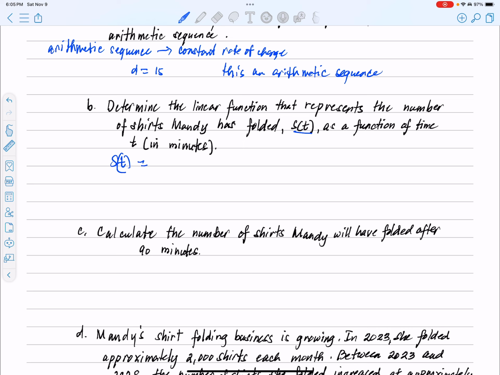We call this the slope-intercept form. We could create that as the slope times the time plus the y-intercept, where m is the slope and b is the y-intercept.